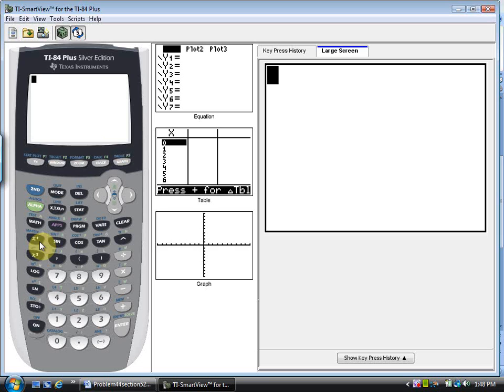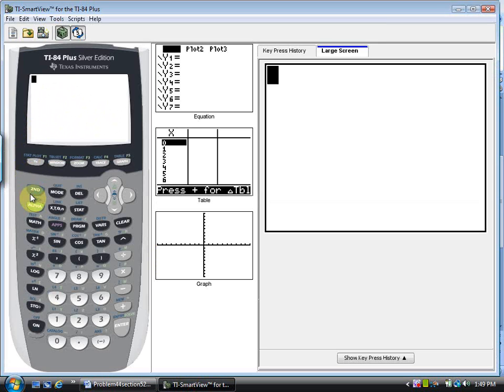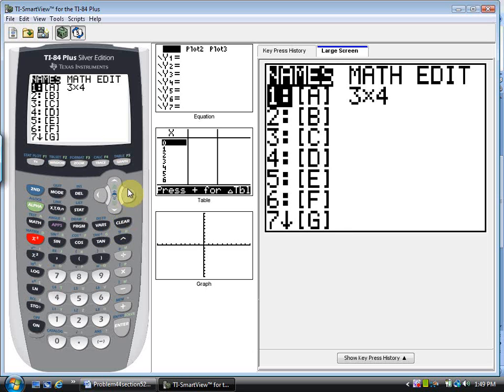It's called the REF, where you enter your matrix in the calculator, and then you do the REF and you come out with a solution. Apparently there is some memory issue here with the computer, and I'm unable to make my calculator run. Let me see if it's going to run now. Here I got the REF.